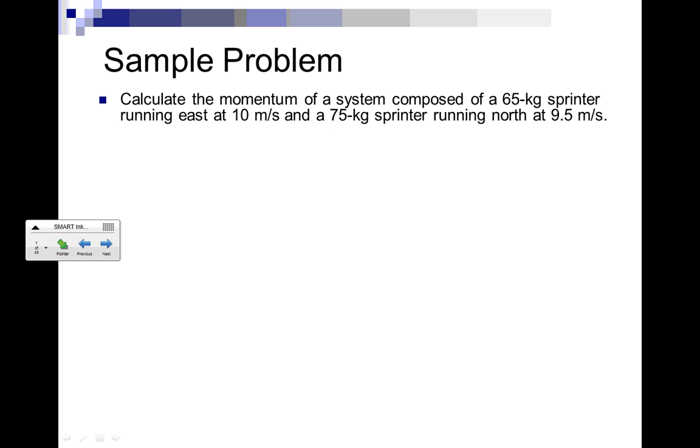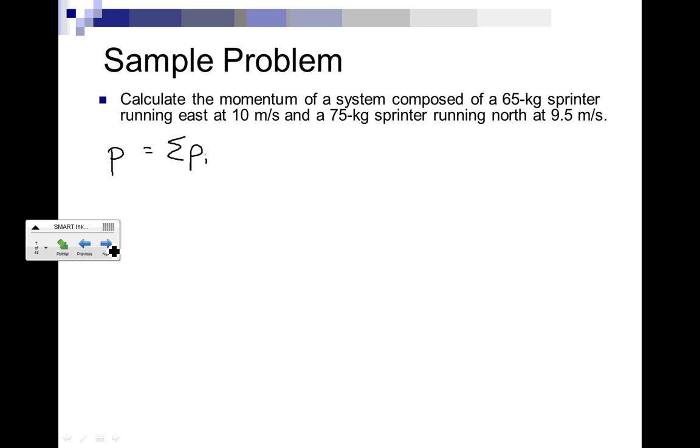Calculate the momentum of a system. So this goes to that earlier equation we used. The momentum of a system is equal to the sum of all the momentums of the individual pieces. So you can look at the momentum of the whole thing or just an individual part of it. In this case, we're going to be looking at a system, or the whole thing.